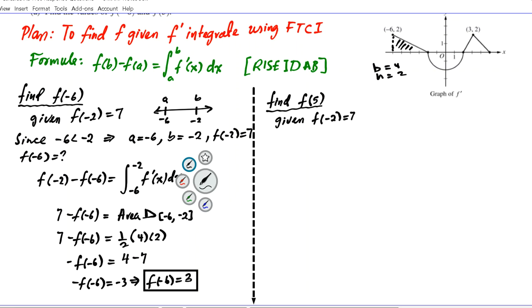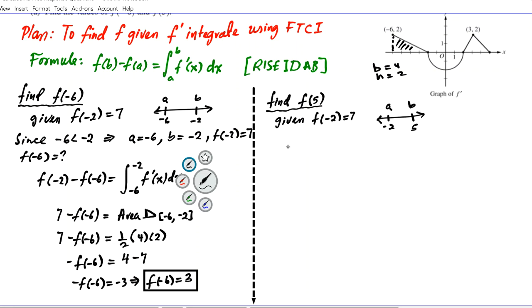We're going to use this so many times. So let's order our independent variables so we set up our integral correctly. Negative 2 is smaller than 5. So which is a and which is b? a is the smaller one, negative 2 in this case, and b is 5.